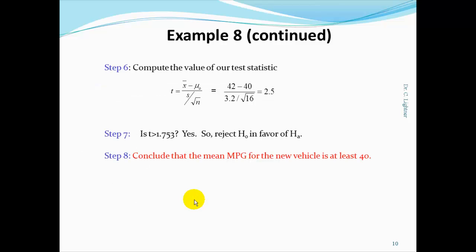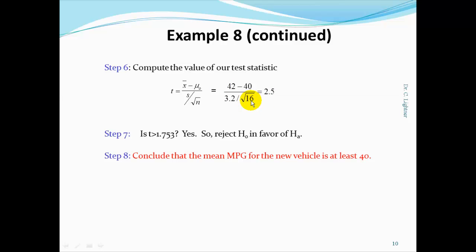In step 6, we compute the value of our test statistic. Here, we plug in the value of x bar, which is 42, our mu0 value, which is the value listed in our hypotheses, our standard deviation value, which is 3.2, and our n value.